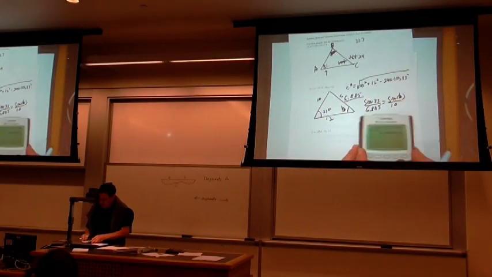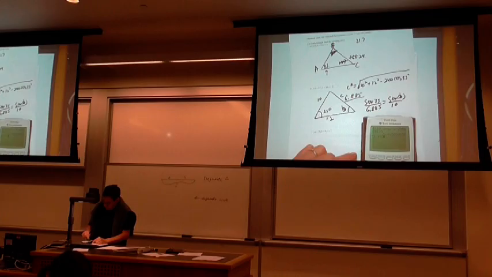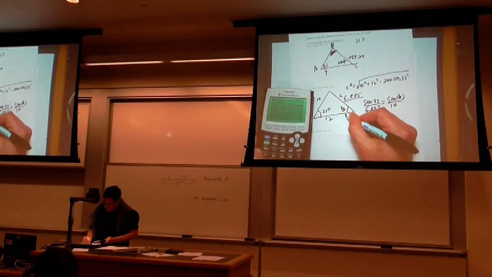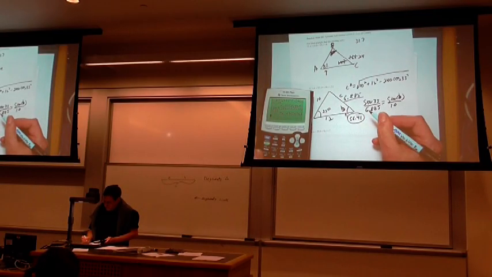Yes. Okay. So, I know sine of B, so I find the inverse sine of 10 times the sine of 35 divided by 6.885. And that gives me 56.41 as the angle.